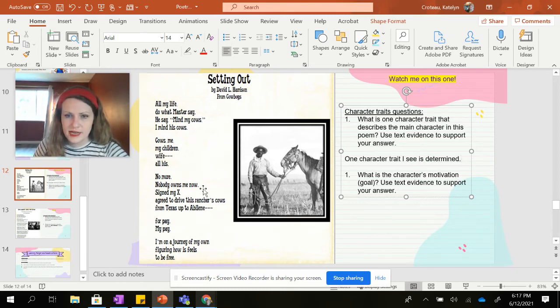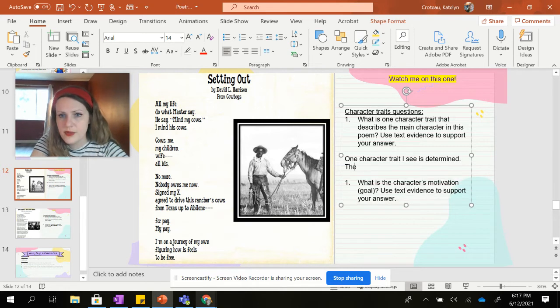And then I need text evidence. So right now I'm just going to say my answer and a text evidence. So the poem says, remember, if I'm quoting exactly, which is what I want you to do, you're going to put your sentence starter, a comma, a quote, and the line you want to use.